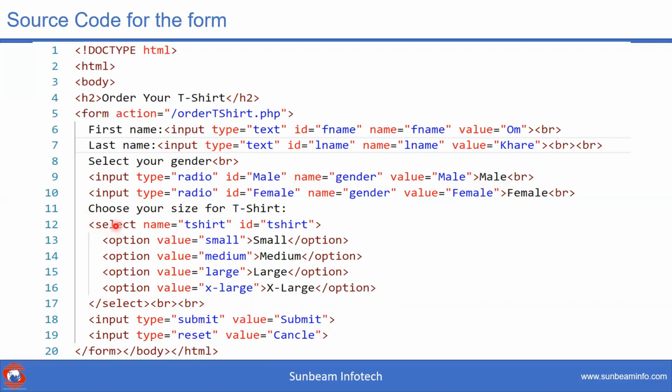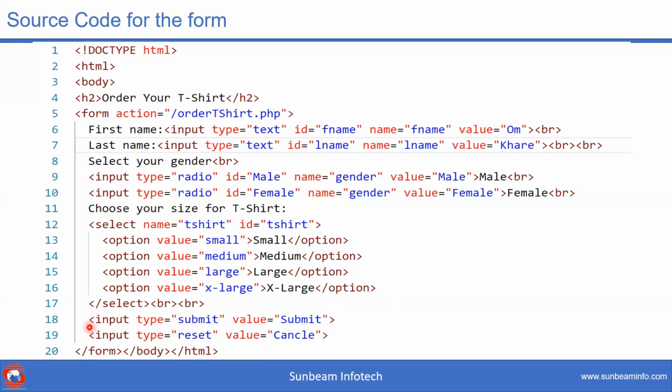Under the select tag I have mentioned multiple option tags for multiple options. So small size is there, medium size is there, large size is there, XL size is there. So you can add multiple options, as many as you want.